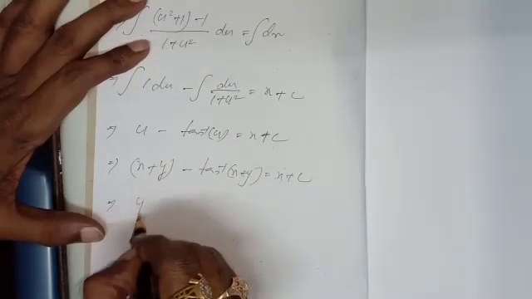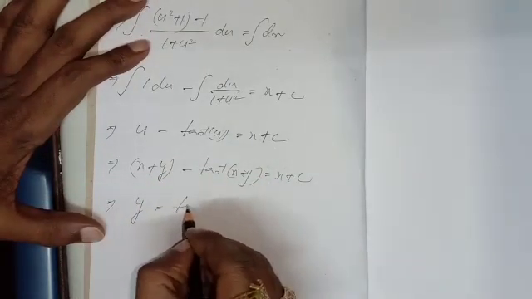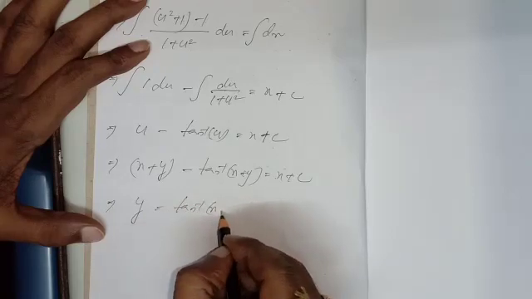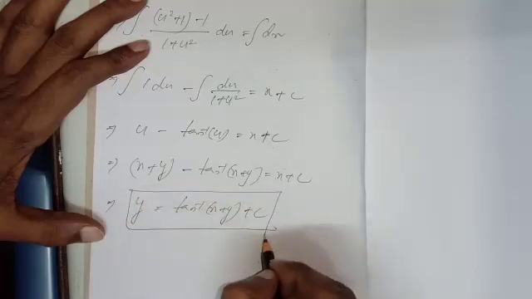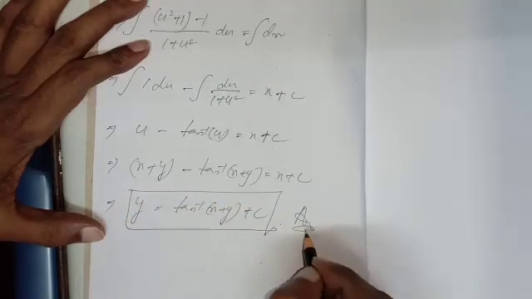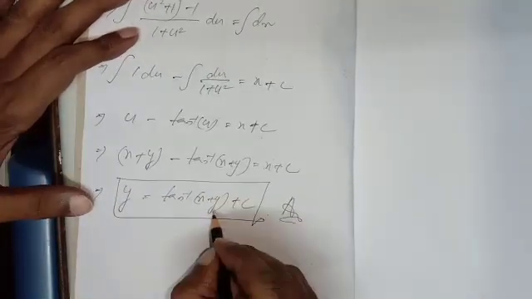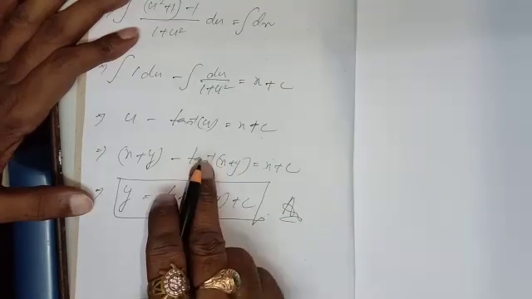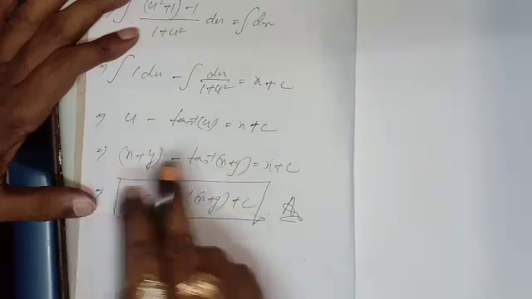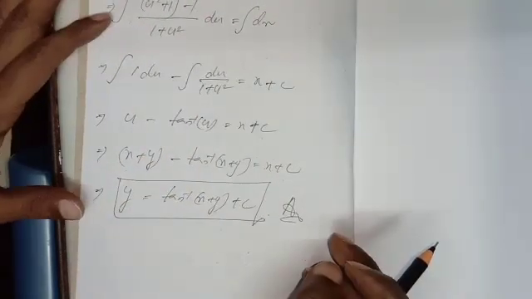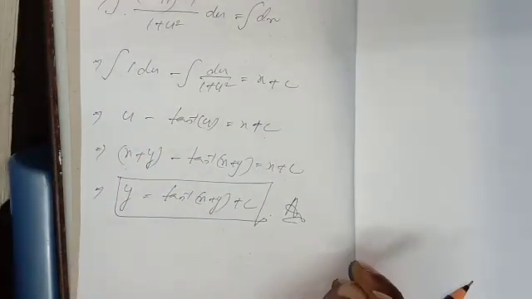Therefore, y is equal to tan inverse (x plus y) plus c. Taking this one that side, this x cancels and y is left. This is the required solution of the given differential equation.